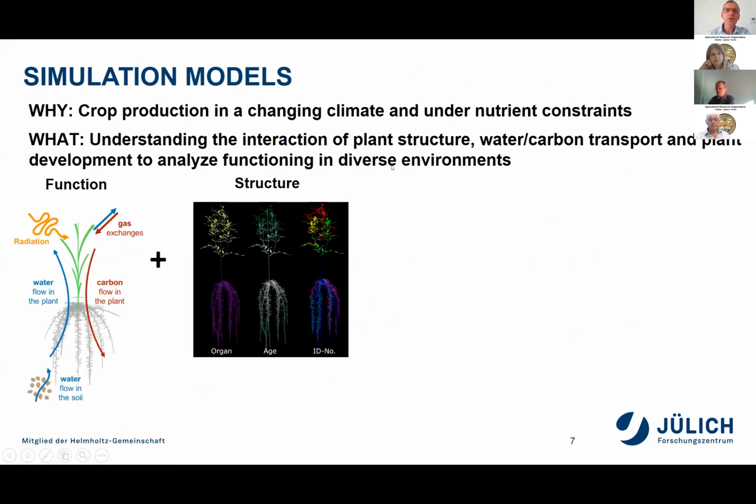So the simulation models that we are developing go from detailed functional structural plant models, which couple the three-dimensional structure of the plant with internal flow and transport processes in the plant, so that the function of these organs and the function of the structure of the plant can be analyzed in diverse environments.